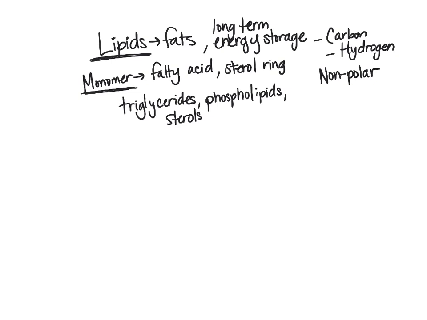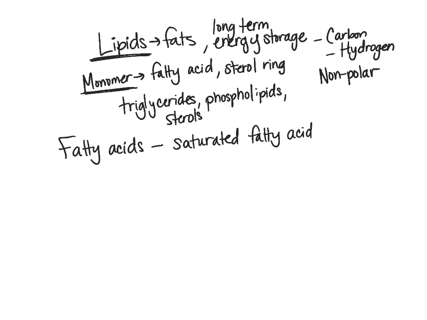So our monomer, again, is called the fatty acid. We actually have different types of fatty acids. We have our saturated fatty acids, and we have unsaturated fatty acids.